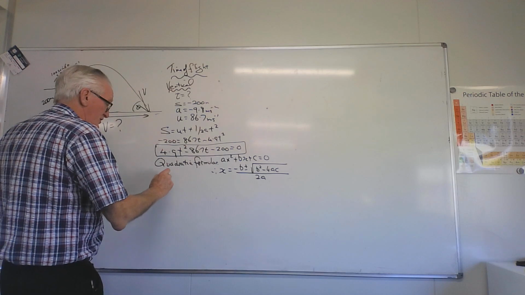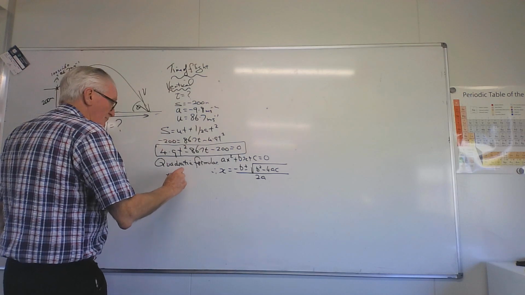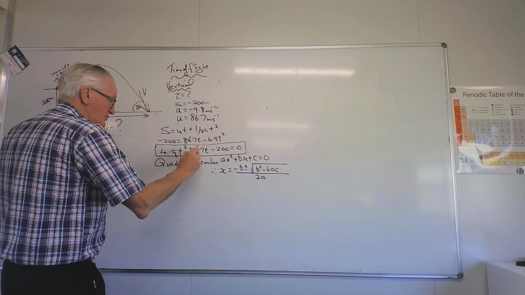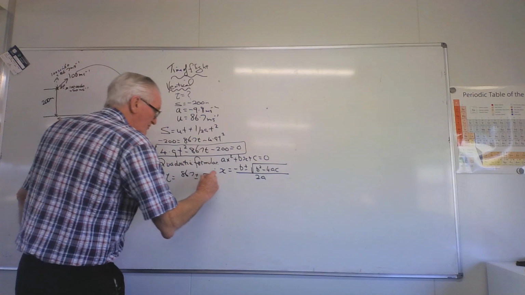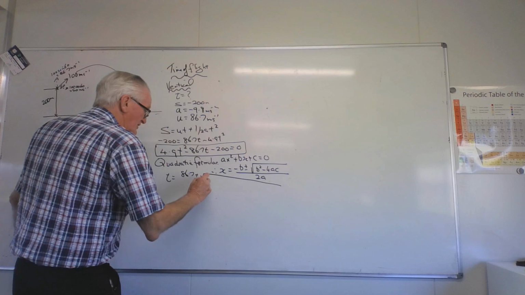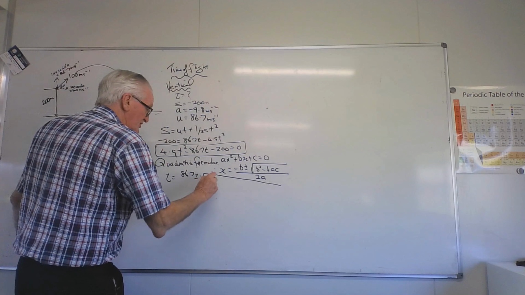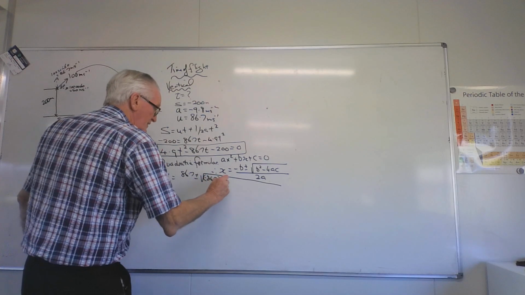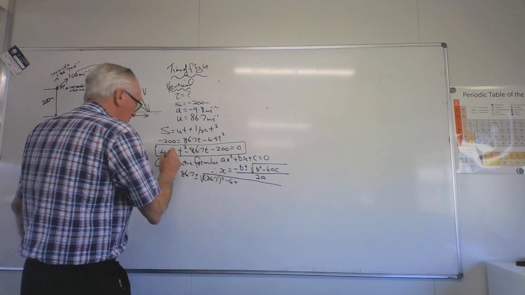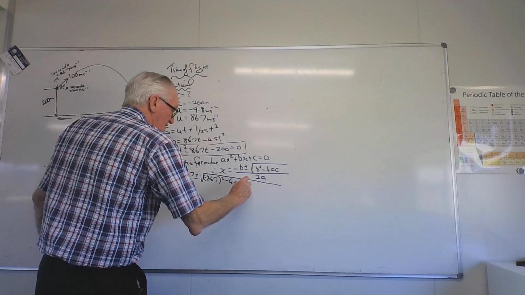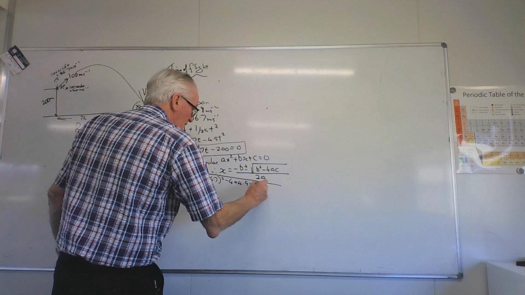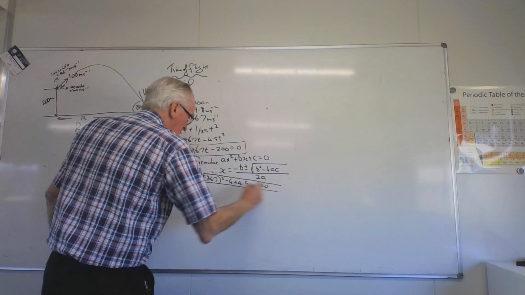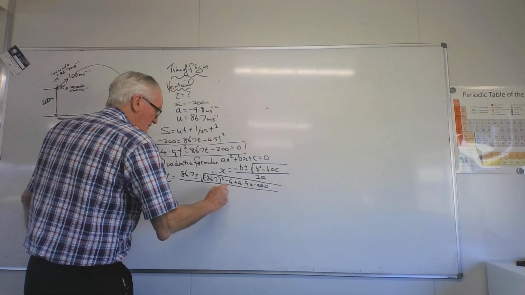We're going to therefore say t equals minus b, so it's minus 86.7, so that's 86.7, plus or minus the square root of b squared, so it's minus 86.7 squared, minus 4 times a, which is 4.9, times c, which is minus 200, all over 2a, 2 times 4.9.